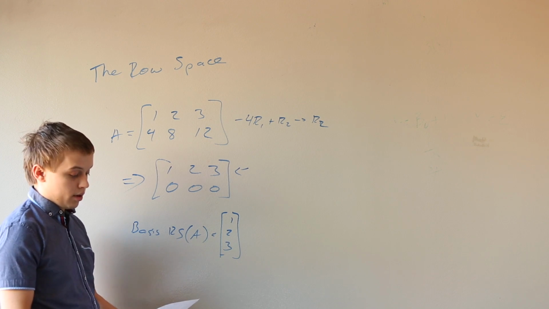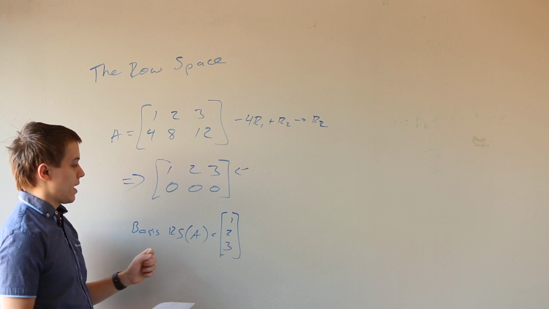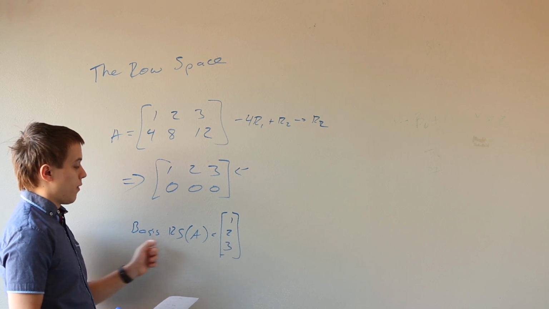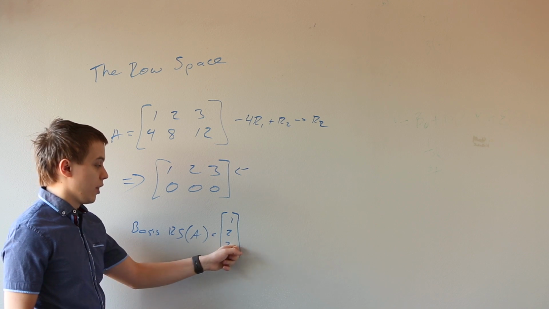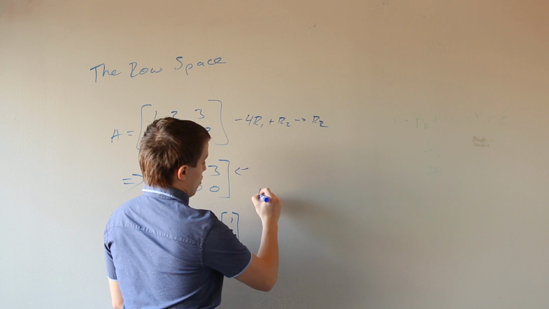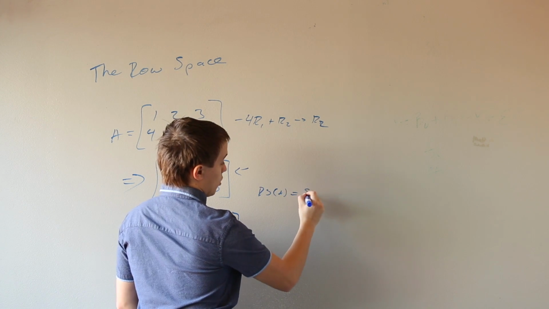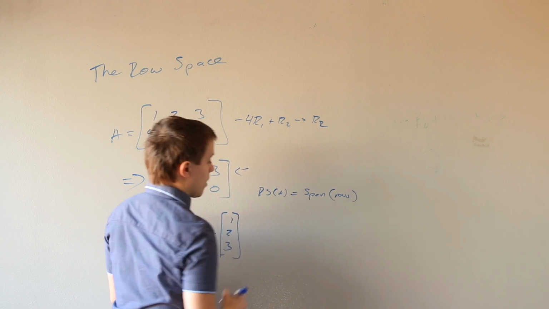So that is our basis for the row space of A, which means that any vector in the row space of A can be represented as a scalar multiple of this. And this is easy to see because we know that the row space of A is equal to the span of the rows of A.